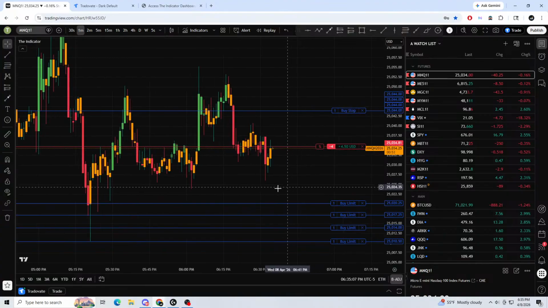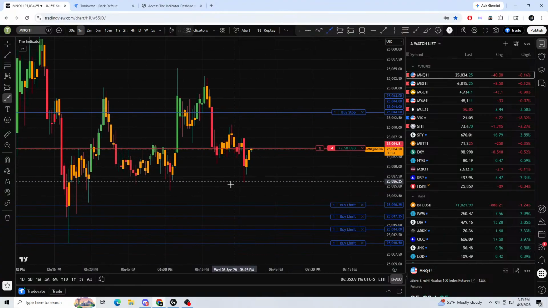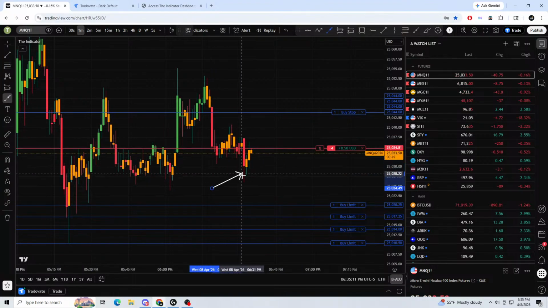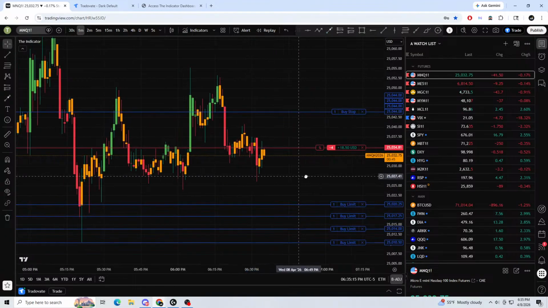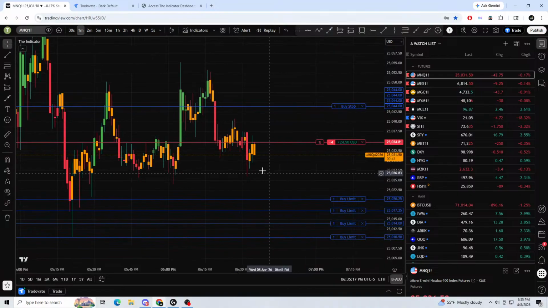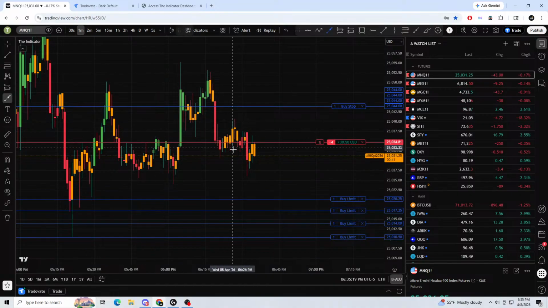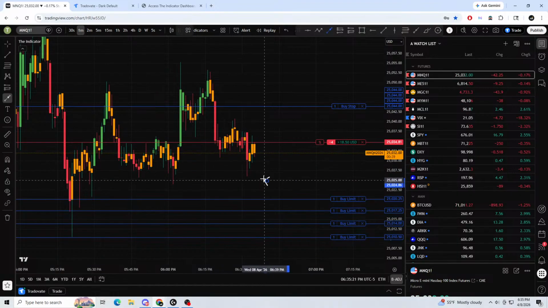So, yeah, it's a pretty complicated market. We were attempting a push down and then just right back up. And we could see that momentum decaying with these orange balanced candles.